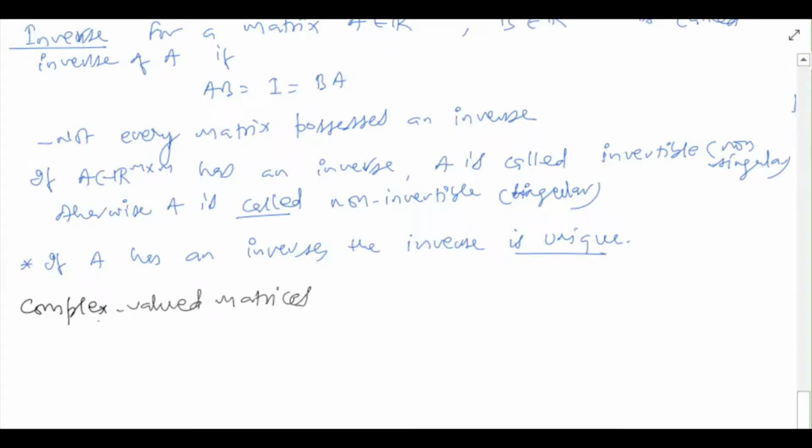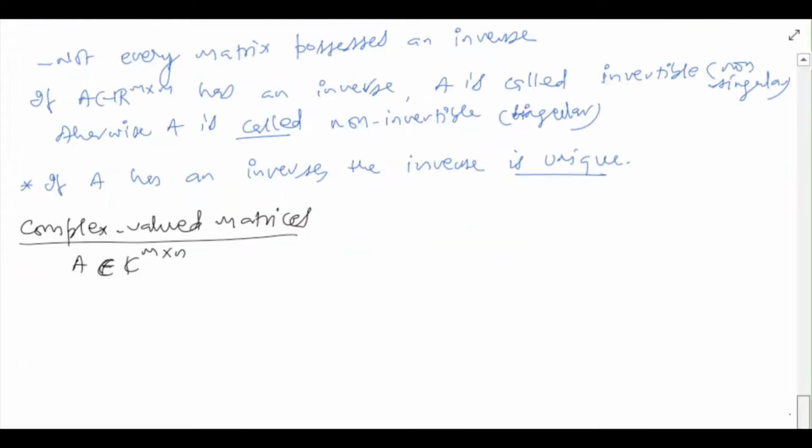We use C to denote complex numbers. So complex valued matrices are, as I said, m cross n arrays, but now of complex numbers.